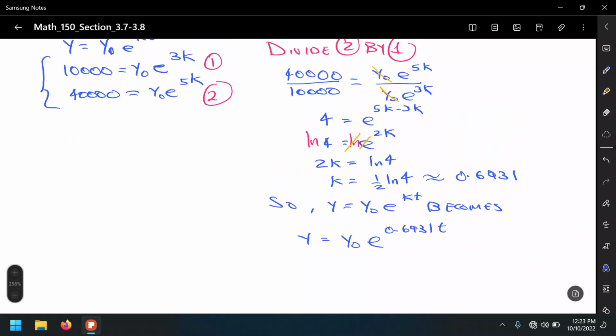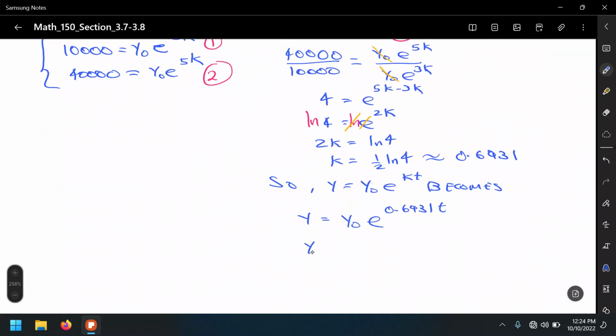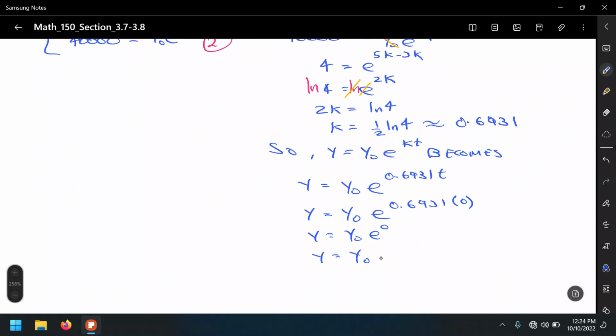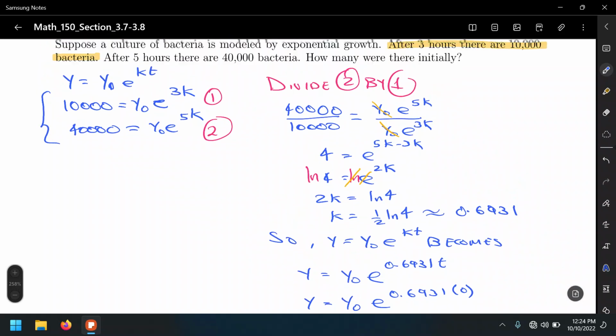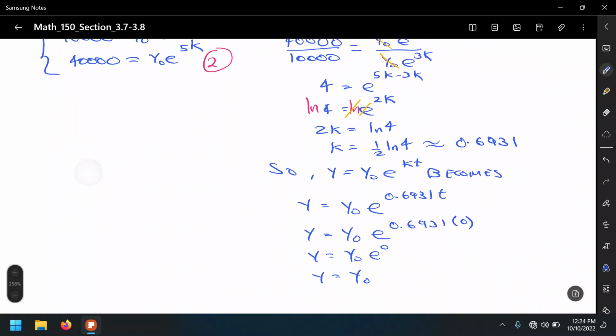So y equals y initial e to the 0.6931 times 0, which is y equals y initial e to the 0, and that's y equals just y initial, right? And in this case, we're not looking for the numerical value unless they give us any other information. So after 0 hours, we don't know.